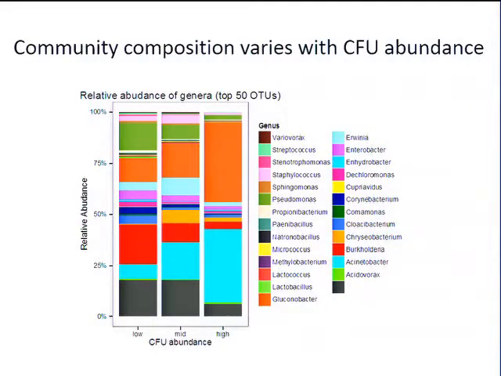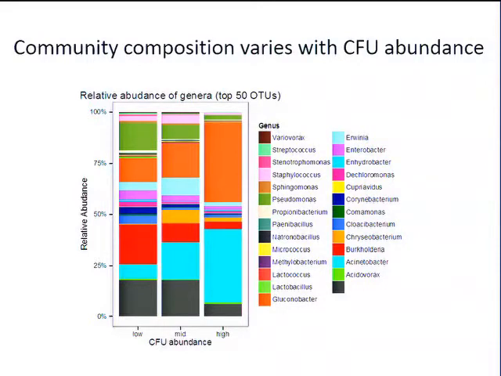If you can make these colors out, in the low abundance of CFU, we find a predominance of both Pseudomonas up here, and this is Burkholderia here. But with increasing CFU abundance, the sequence pool is predominated by Acinetobacter and Gluconobacter sequences.